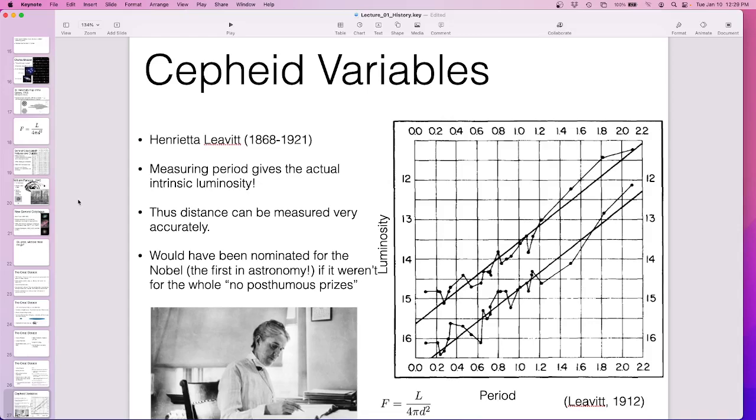So they have this really nicely calibrated, really nicely described cycle of expansion and contraction, which means that they get brighter and dimmer on this very regular period. And it's proportional to how big the star is in the first place. Bigger stars do it slower because it takes a longer time for the whole thing to relax.